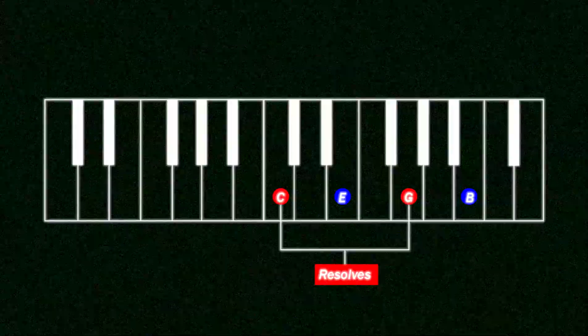So, if we wanted to prepare the listener for an F major 7 chord, we can find its secondary dominant, C7, and place it in front of F major 7. This creates harmonic tension that prepares the F major 7 chord. Let's compare these two chord progressions.